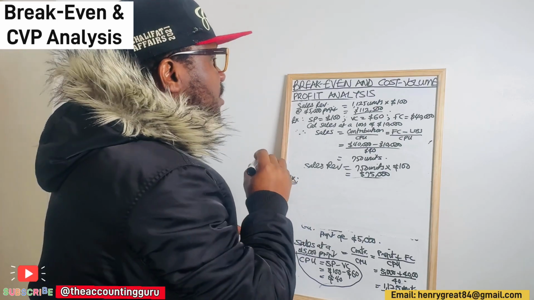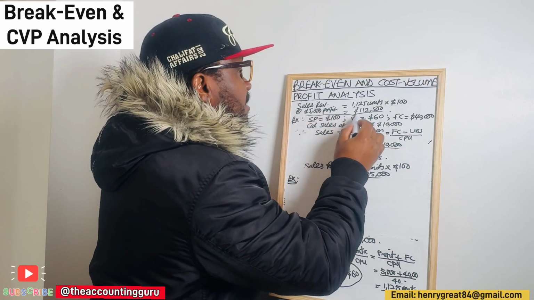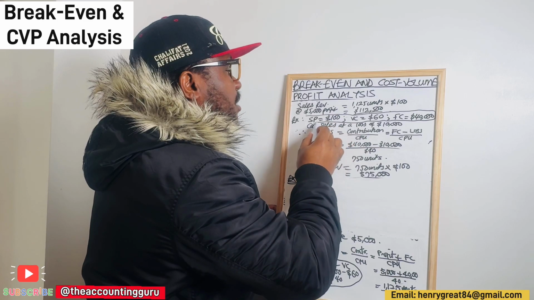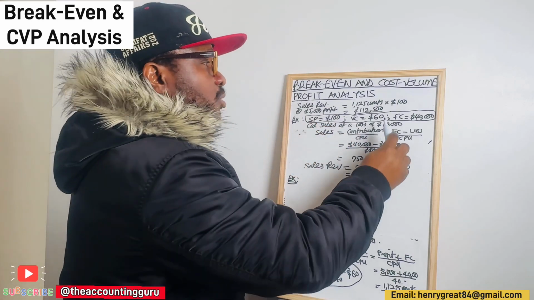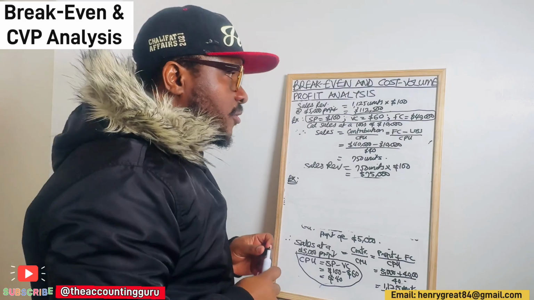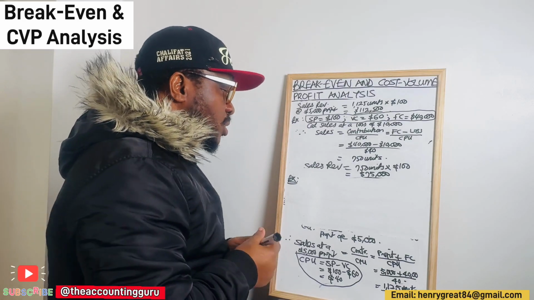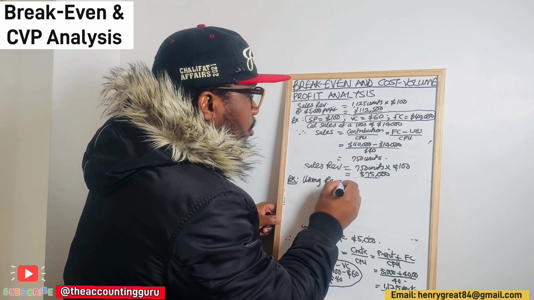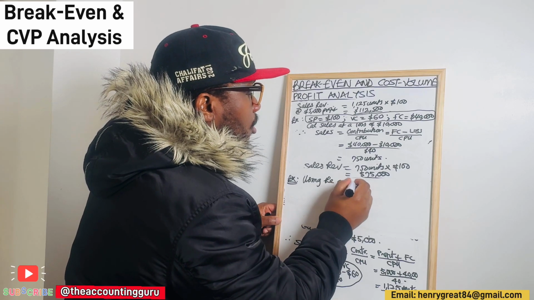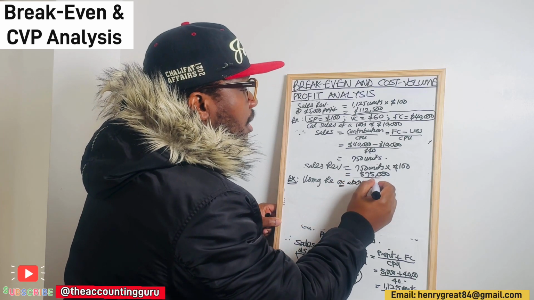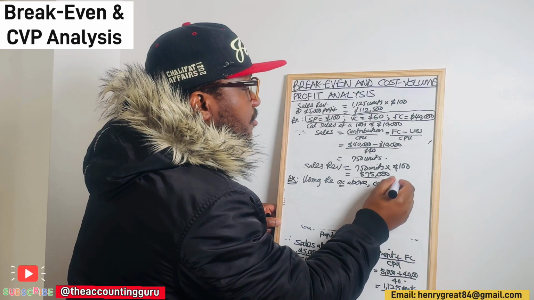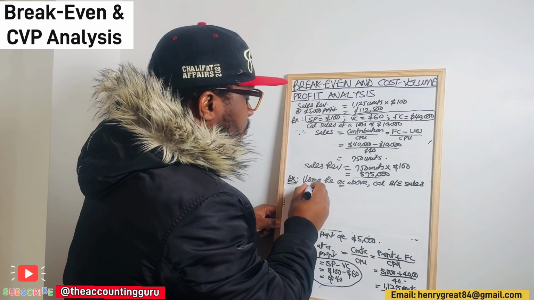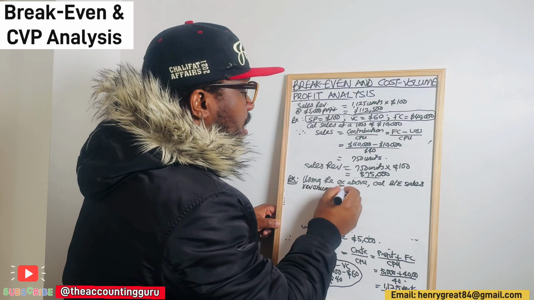So we assume the selling price per unit and variable cost per unit are constant, as well as fixed cost at $40,000. So the question is, using the example above, calculate break-even sales revenue and units.